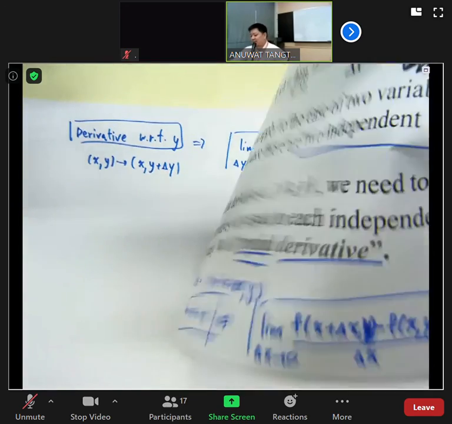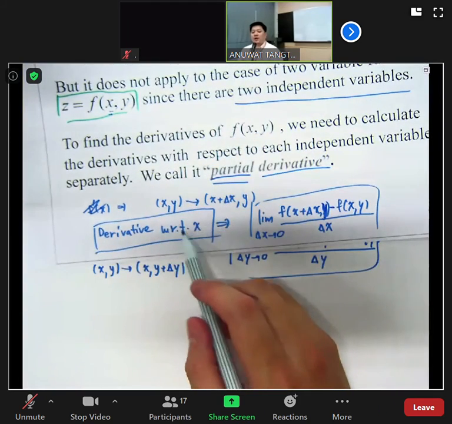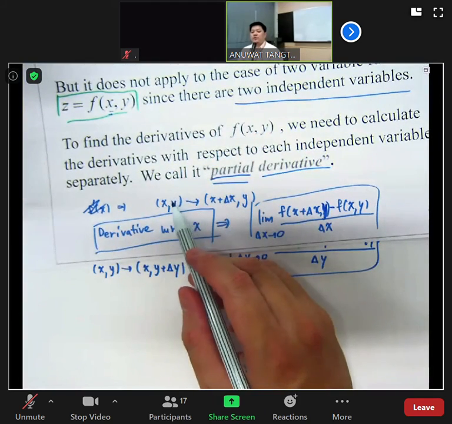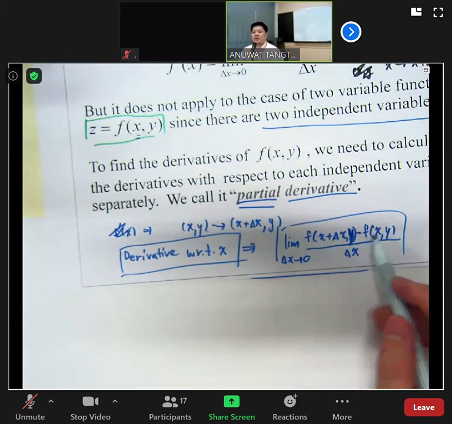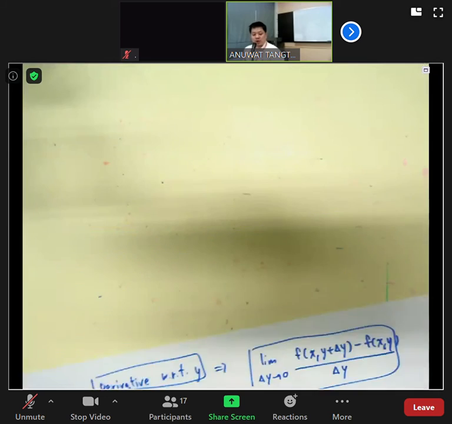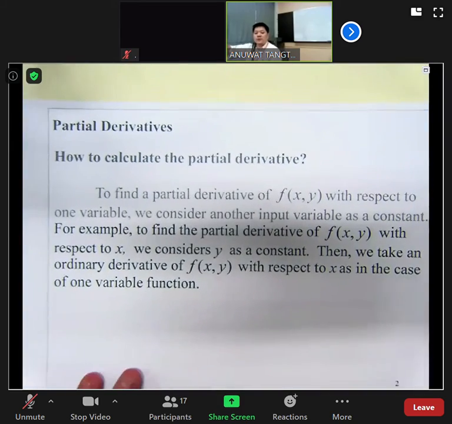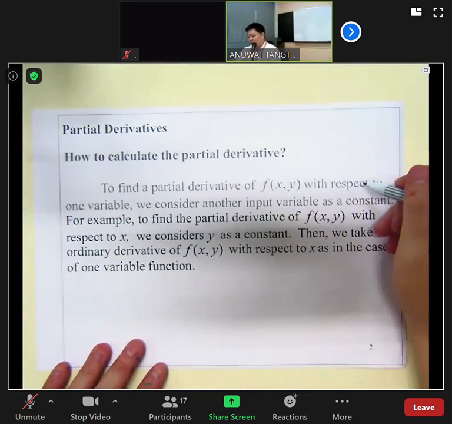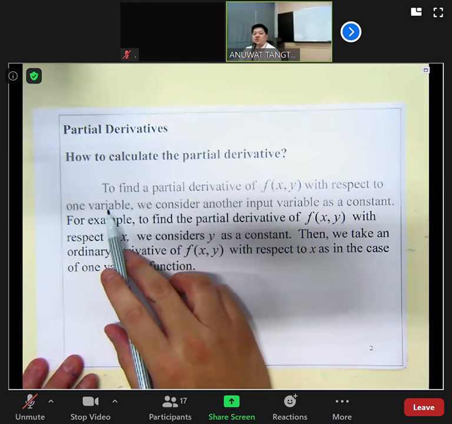And if you understand the concept here, that if you want to see how much the effect of change of x is, then you need to let the other variable stay the same. That means we consider y to stay the same as a constant. So the way to calculate the partial derivative is in this way. To find the partial derivative of f(x,y) with respect to one variable, we just let that variable change only.